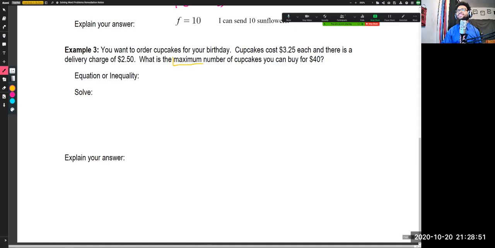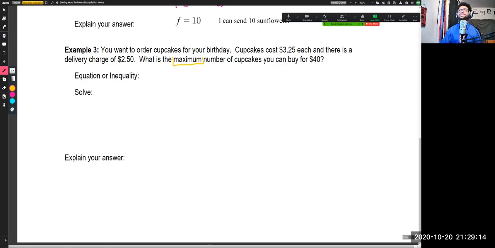This maximum is one of the indicators that we are going to have an inequality. If you think back to that first set of notes we did on inequalities, when we had that word bank for words that indicated what inequality sign we would have, maximum was one of them. Okay.